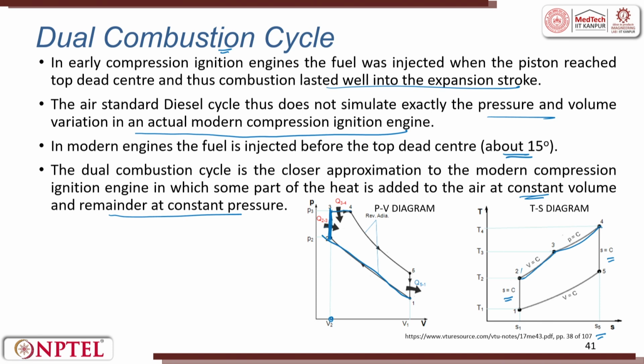When you look at a TS diagram there is a decrease in temperature and entropy is constant. Then 5 to 1 the volume is constant. So, 5 to 1 the entropy reduces from S2 to S1, the temperature also reduces. So, this PV diagram and TS diagram clearly show the dual combustion cycle advantage.